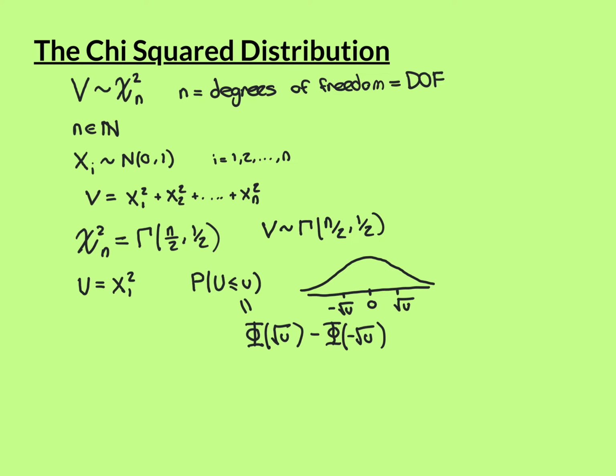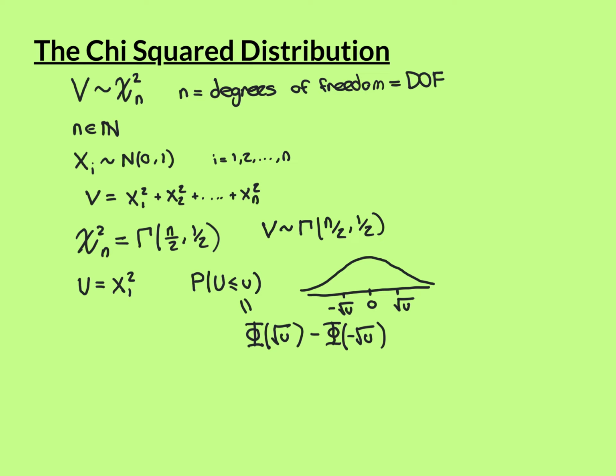PDF. So this phi is the notation for the CDF of the standard normal. So if we take phi at the square root of u, that gives us all of the area up to this point. So all the way from negative infinity up to here, all of that function integrated, that's that value. If we take phi of negative the square root of u, that gives us the area under the curve all the way up to minus the square root of u, so it gives us this tail area here.